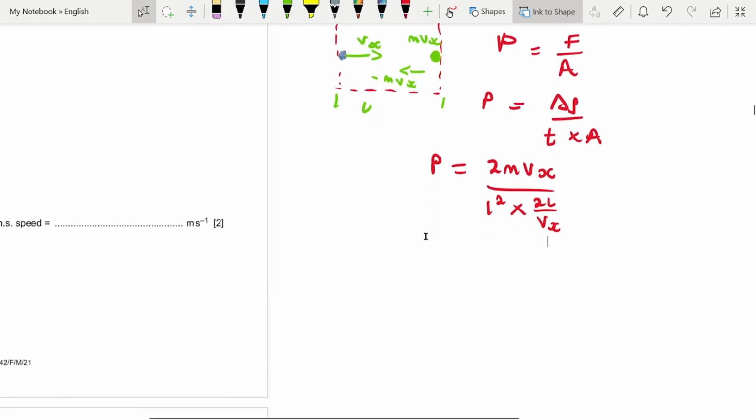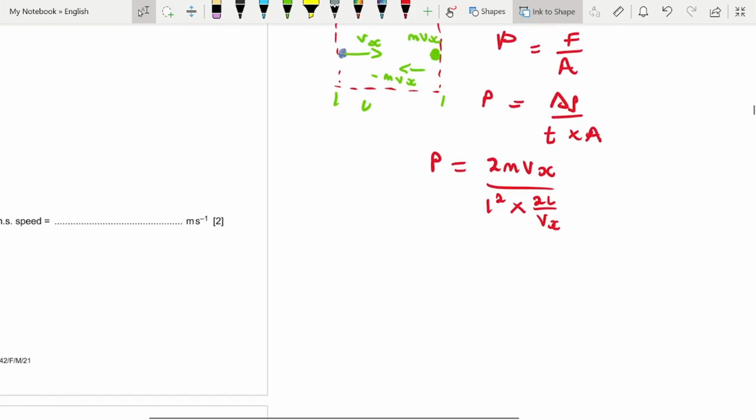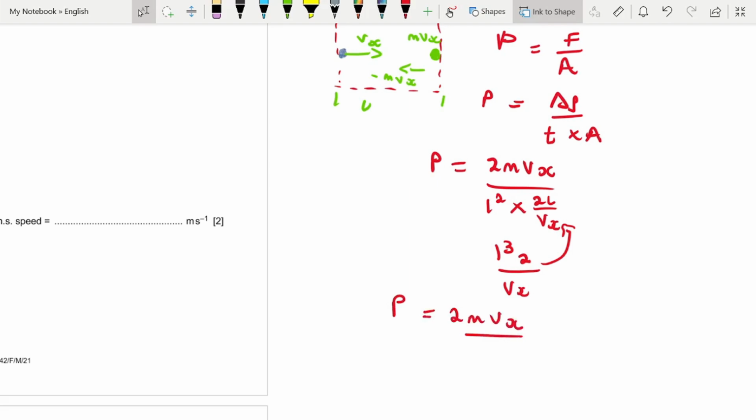And then we're going to have L cubed at the bottom here, multiplied by 2 divided by Vx. Substituting this, we end up with pressure equal to 2m, velocity in the x, divided by, but L cubed, remember, for a cube is the volume V, so 2V divided by Vx.